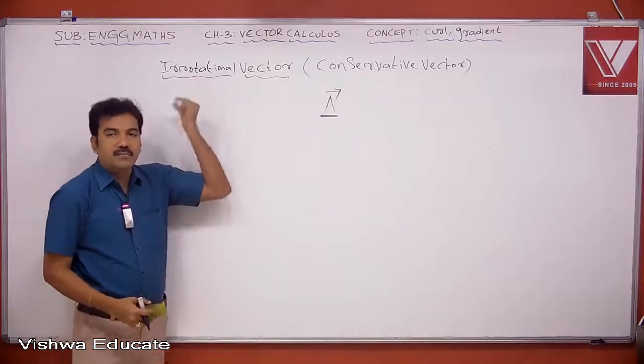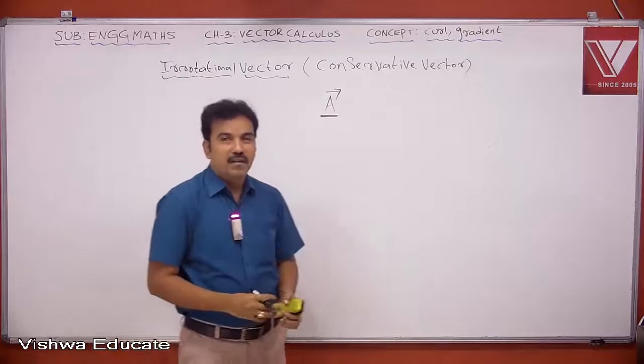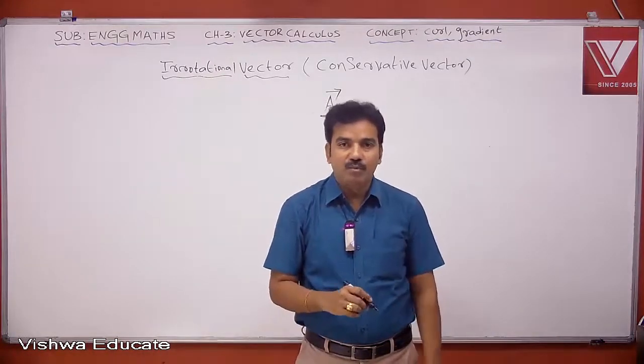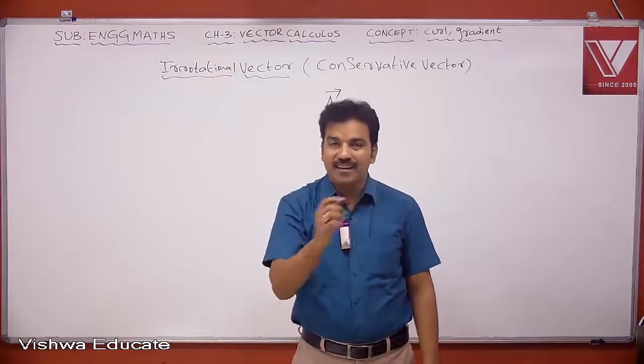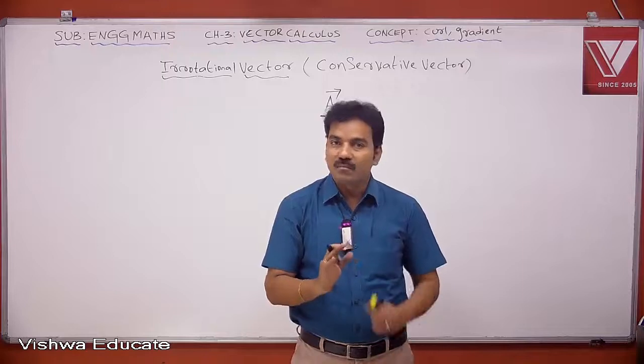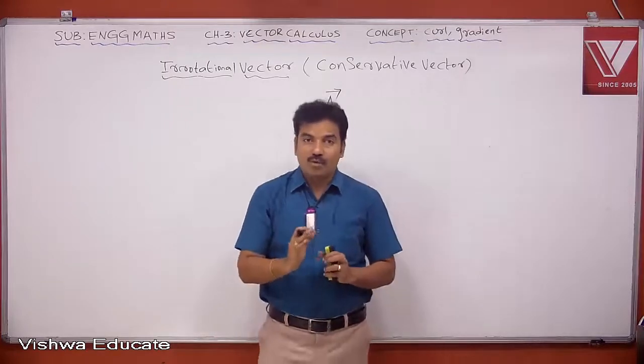See, actually irrotational means there is no rotation. Suppose a vector is moving in any direction, whether clockwise or anti-clockwise, whatever it is, then you will get some curl. Curl is some non-zero vector quantity.